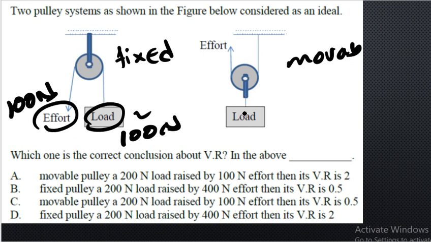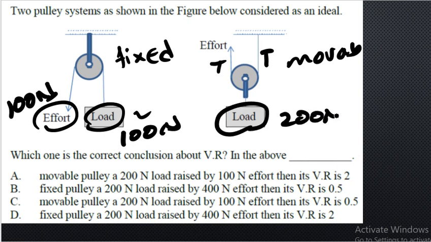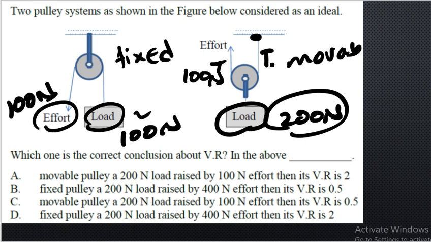But in case of movable, there are two tension forces here, up and down. So if the load is like 200 Newton, necessarily the load force will be divided into two, for effort and for the fixed position here. Two tensions are the same, so it will be 100 Newton here and 100 Newton here.